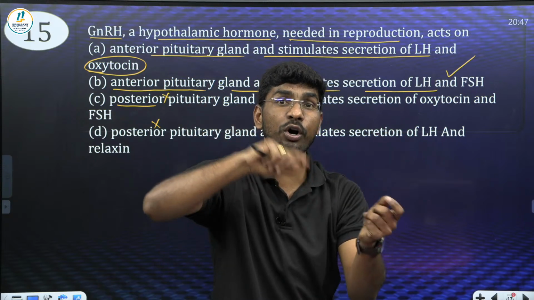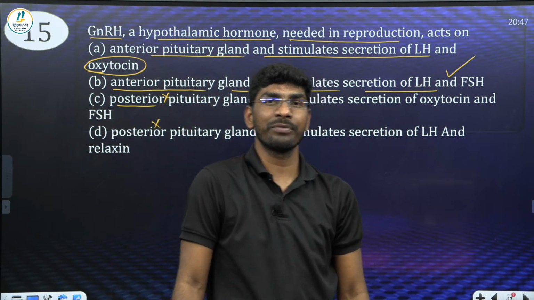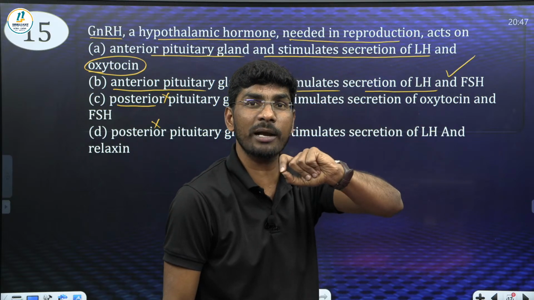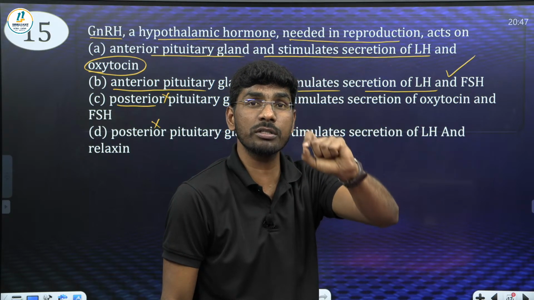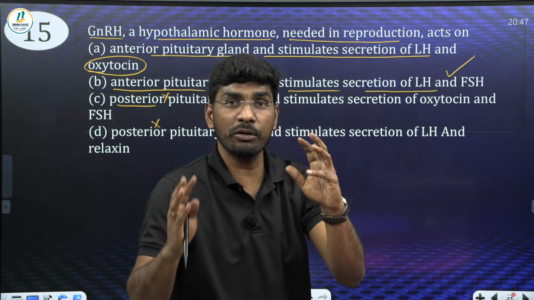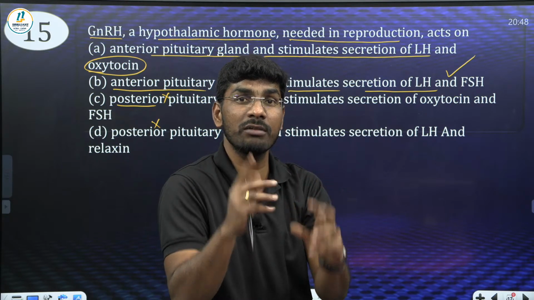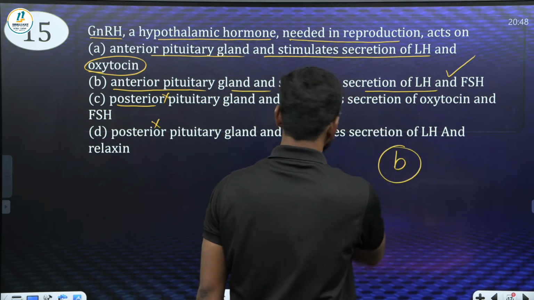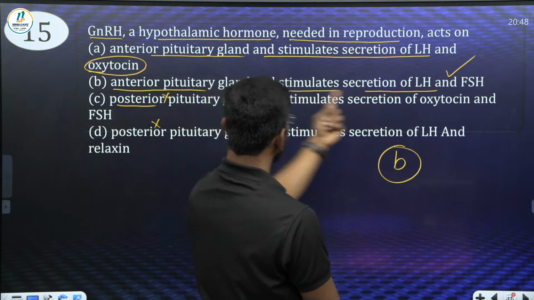Parturition, the neuroendocrine mechanism, we will learn. At the end of human reproduction there is a parturition topic. Oxytocin is essential for vigorous contraction of the uterus muscles. Here it is given LH and FSH. So B is the right answer, right? Yes, B is the correct answer.